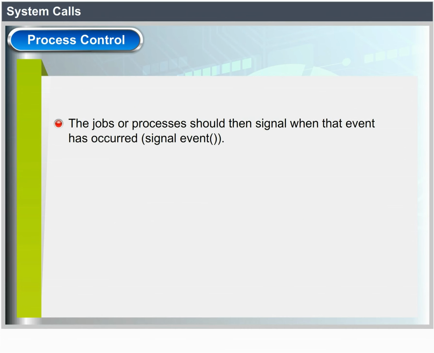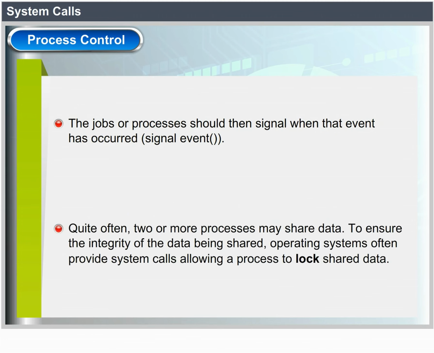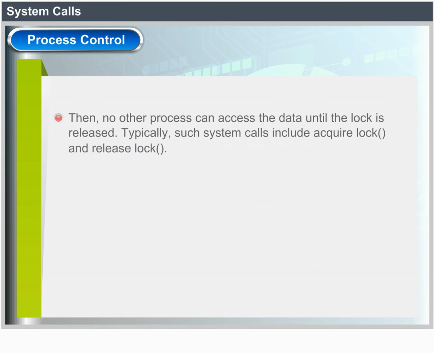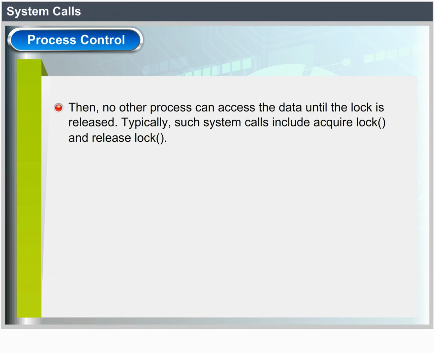Quite often, two or more processes may share data. To ensure the integrity of the data being shared, operating systems often provide system calls allowing a process to lock shared data. Then, no other process can access the data until the lock is released. Typically, such system calls include acquire lock() and release lock().